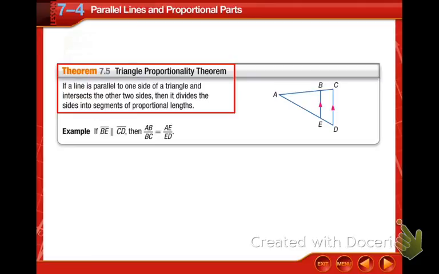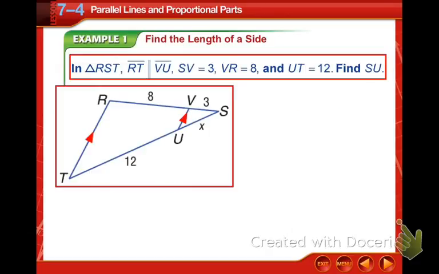So let's use this now. Here we have in triangle RST, segment RT is parallel to segment VU. SV is 3, VR is 8, and UT is 12. We need to find SU. So since we know they are parallel, that means that they cut the sides into proportional segments.